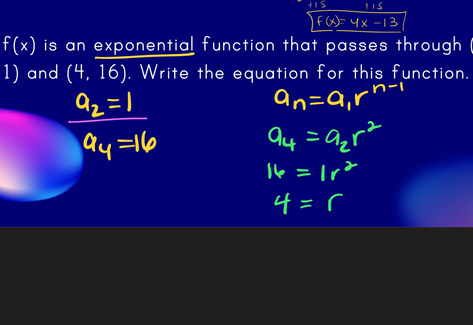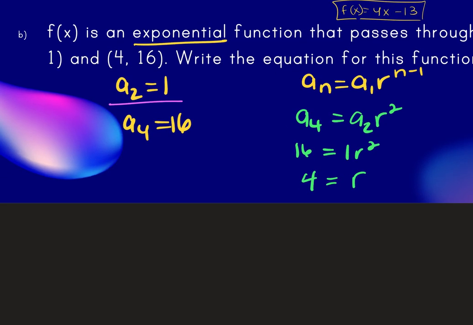Or I could use A4, and say An equals A4 times R to the n minus 4. You can use either one, unless it explicitly says you want your initial value to be 1 or 2, whatever that is. I basically have two options.